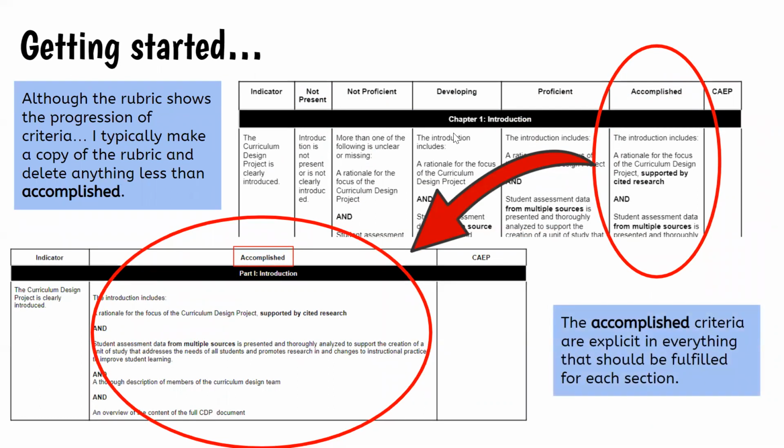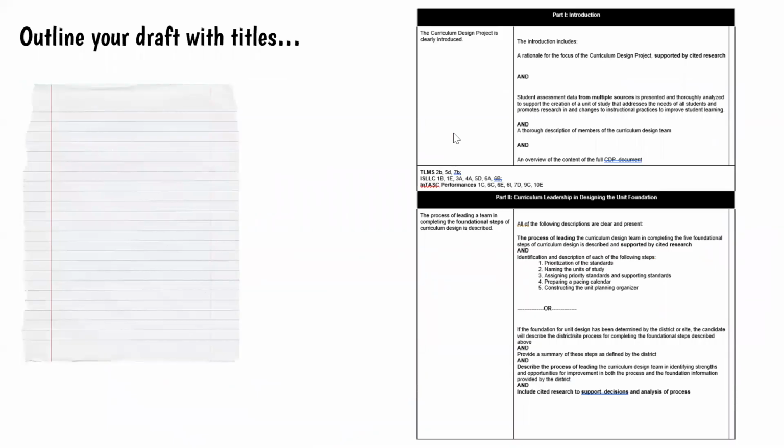They're very well developed, and the accomplished criteria descriptions are so explicit that you should be able to fulfill each of those sections. The progression pieces are already embedded into what they expect to see at the accomplished level.